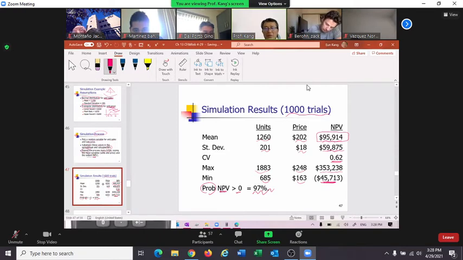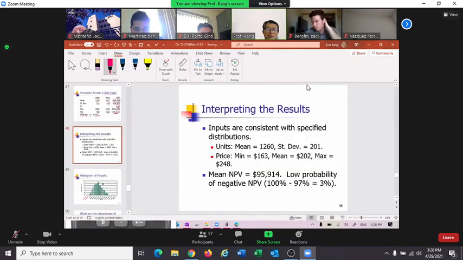Only a 3% chance, pretty low, of getting a negative NPV. So using simulation, you are pretty sure the project is not very risky.